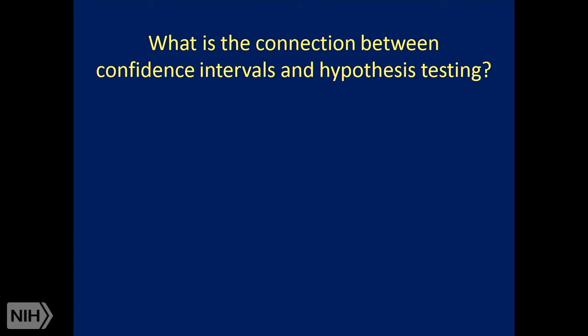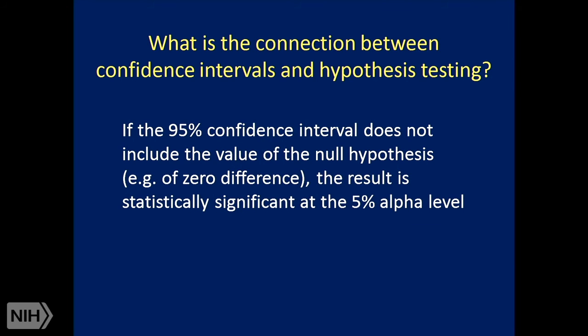What is the connection between confidence interval and hypothesis testing? If the 95% confidence interval does not include the value of the null hypothesis of 0 difference, the result is statistically significant at the 5% level. So if you have a confidence interval and your null hypothesis is that the difference is 0 and the confidence interval for the difference doesn't cover 0, you have a statistically significant result.